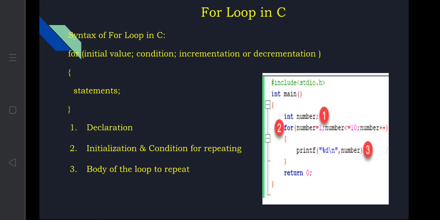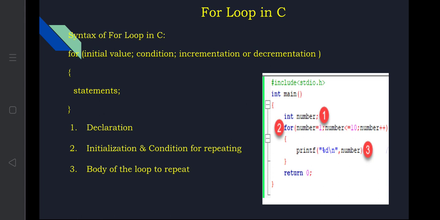In the case of the for loop, initialization, checking and the increment are all given at the start itself in a single statement after the for keyword: for number equal to 1 semicolon number less than or equal to 10 semicolon number plus plus. So in this line itself, initialization, checking and incrementation are done.